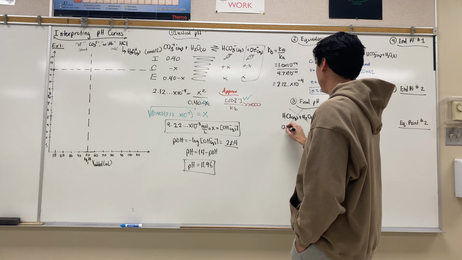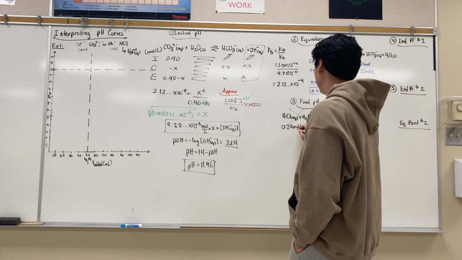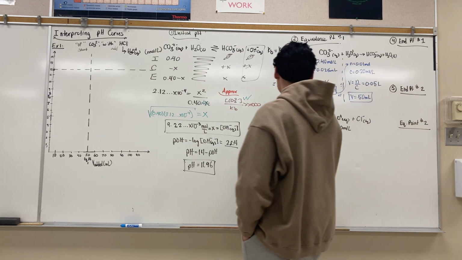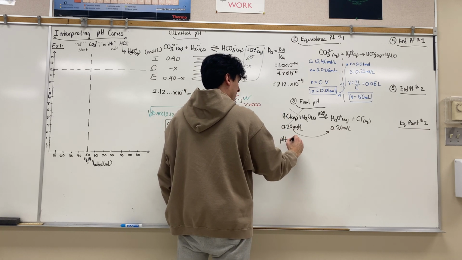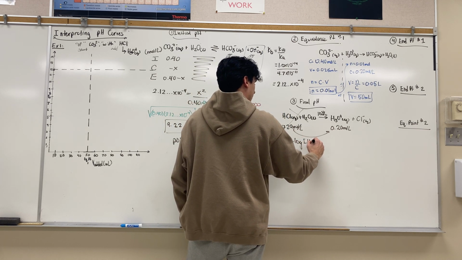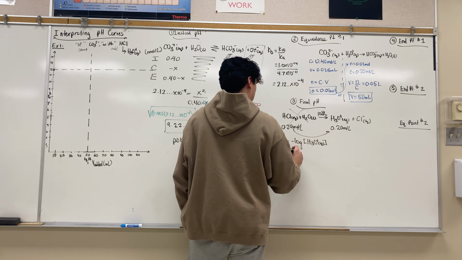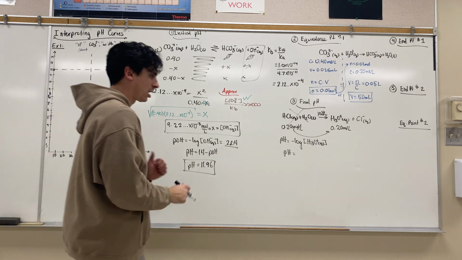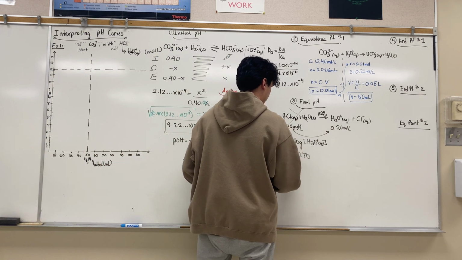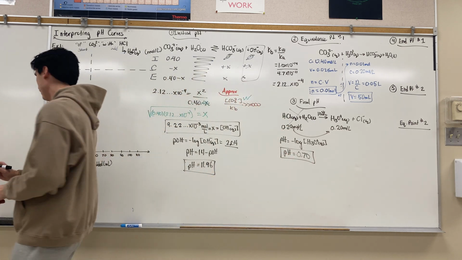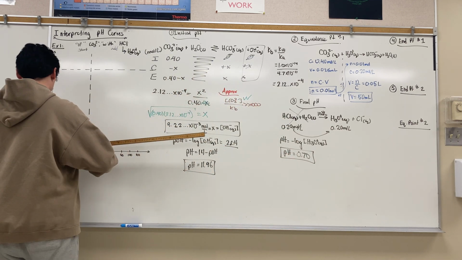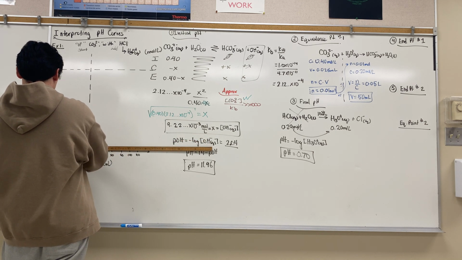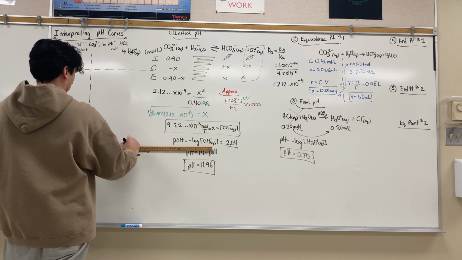If the concentration of HCl was 0.2, then according to our rules the concentration of H3O+ is also 0.2, which means we can find our pH by doing negative log of the concentration of H3O+, and the pH is going to be, drum roll please, 0.70. Okay, so I go to my graph, take my meter stick, and go just below 1. Again, it doesn't have to be super accurate, but good enough. And this is going to be my final pH.